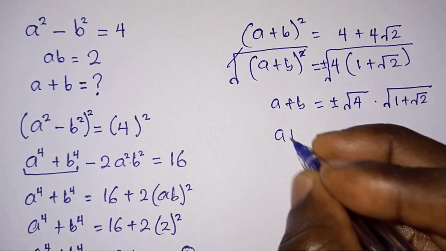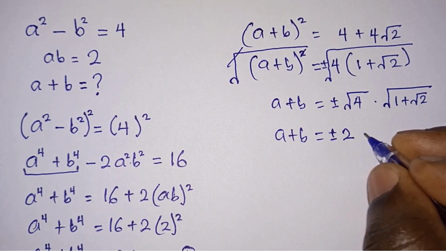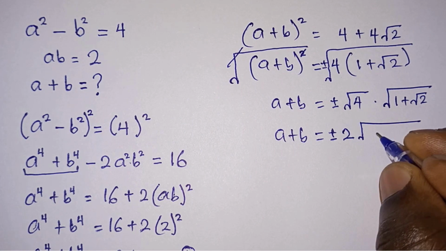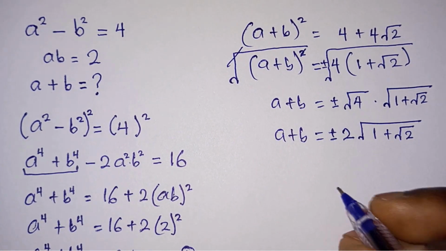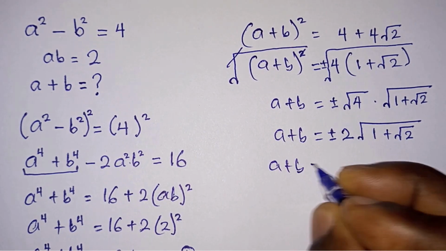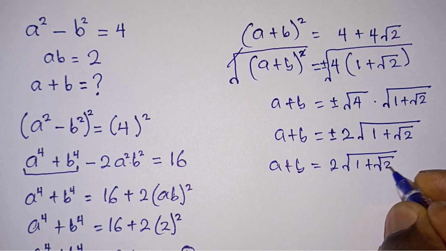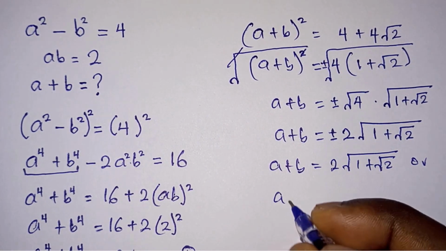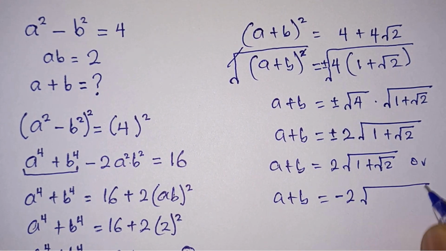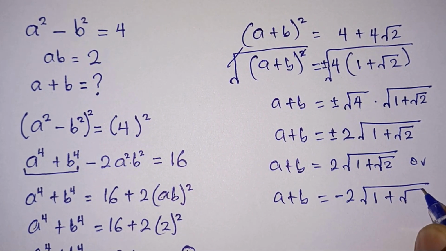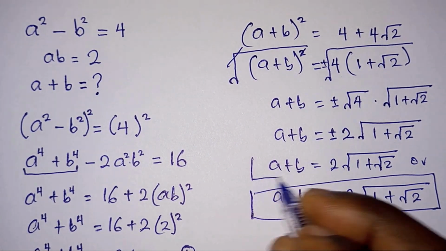This implies that a plus b is equal to plus or minus 2 times the square root of 1 plus root 2. We can split this: a plus b is equal to 2 square root of 1 plus root 2, or a plus b is equal to minus 2 square root of 1 plus root 2. So these are the values of a plus b.